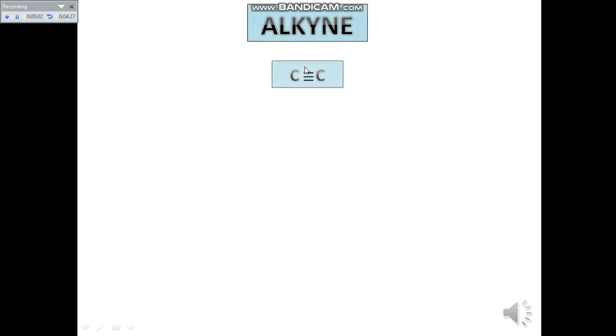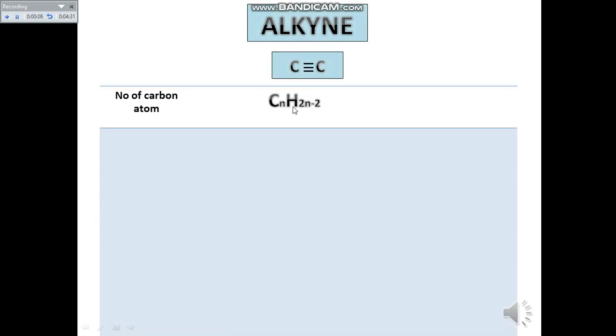And then alkyne, where carbon atoms are bonded with a triple bond. The general formula of alkyne is CnH2n-2, whereas alkane is CnH2n+2. The number of carbon atoms is a minimum of 2, because the triple bond is present between carbons.